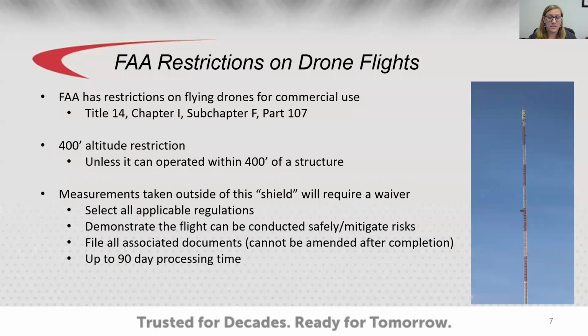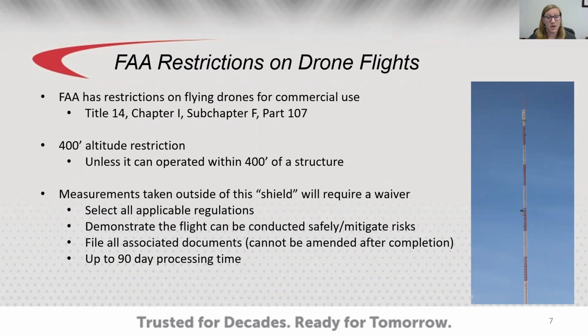The regulation I'll be focusing on today is Part 107.51, Operating Limitations for Small Unmanned Aircraft. This regulation includes a height restriction of 400 feet above the ground, unless you're operating within 400 feet of a structure called the structure shield. Any measurements that need to be taken outside of the shield require a waiver.